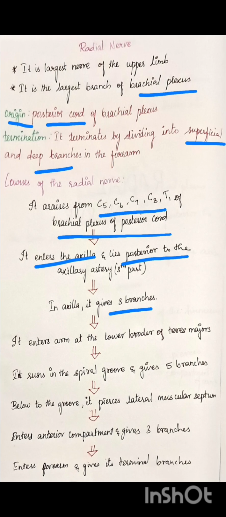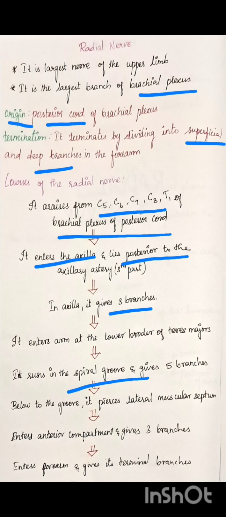After giving the three branches, it enters into the arm at the lower border of the teres major. Then it runs in the spiral groove. This spiral groove is present in the humerus bone and is mainly related to the radial nerve.